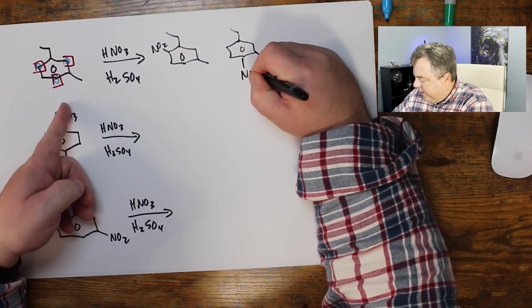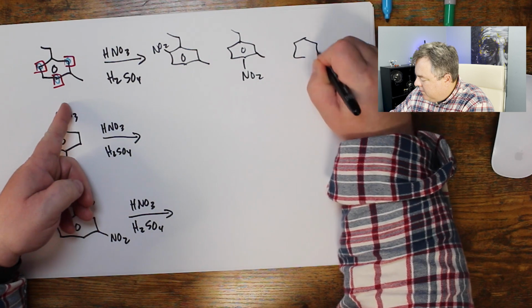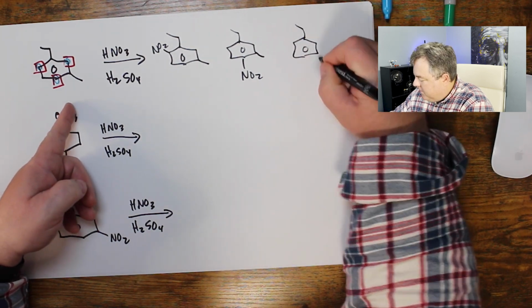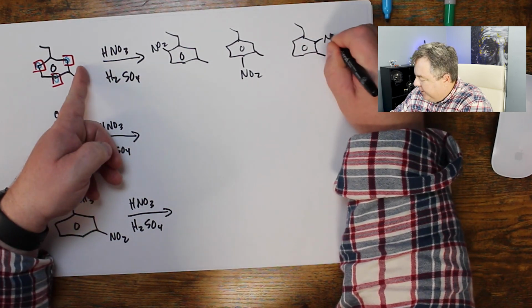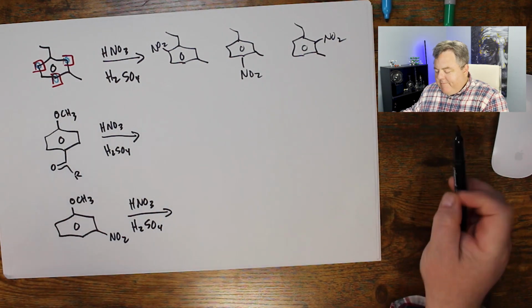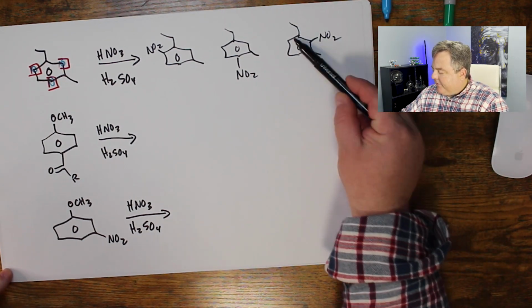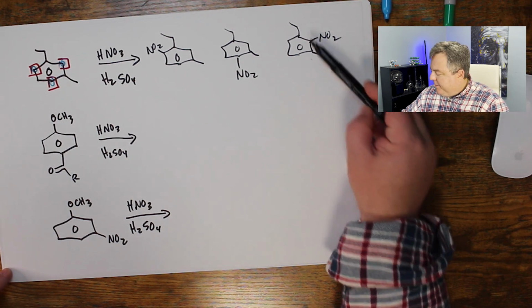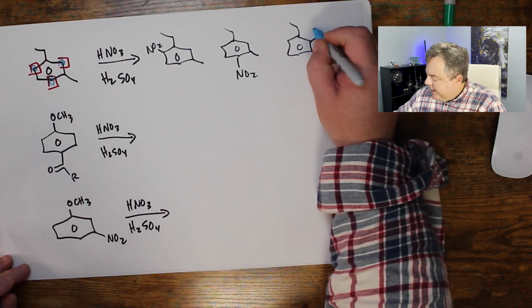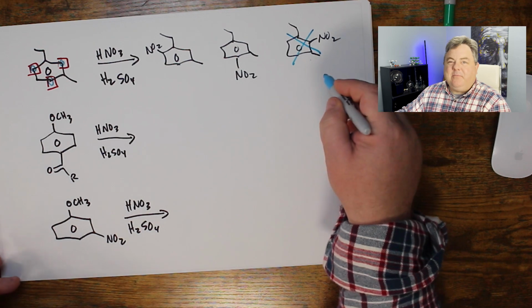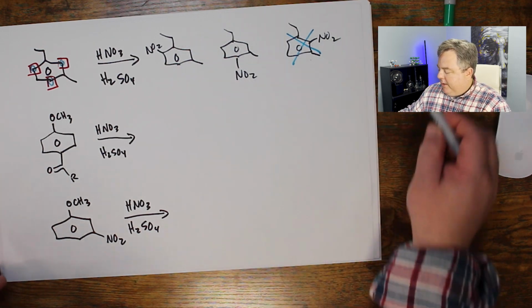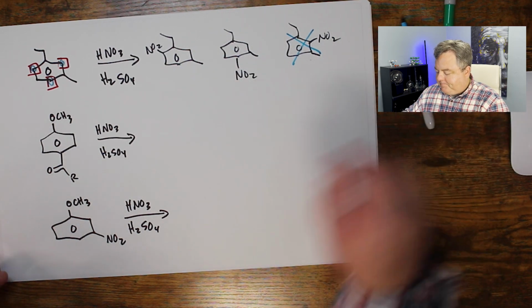I'd expect nitro here. And I expect nitro here. And maybe if I had to guess, I might think I get a little bit less of this one because it's kind of crowded and I have to squeeze it in between these 2 alkyl groups. So I expect I'm probably not going to get as much of that one as I would putting it on the outside of those spots.